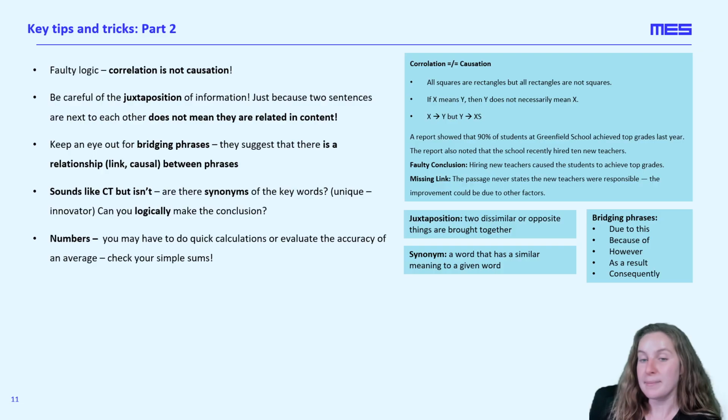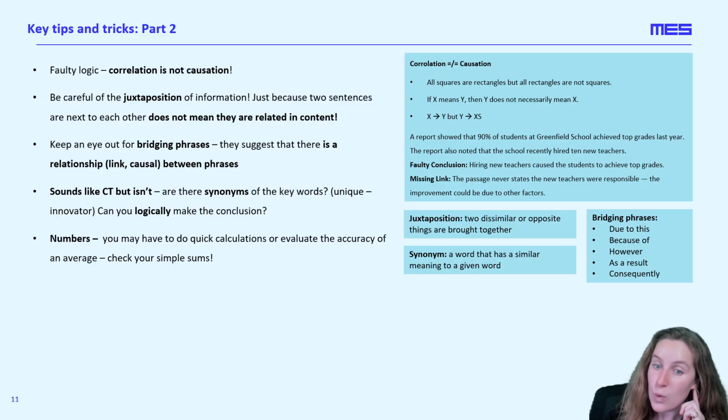Those are synonyms, but one may be only in the answer and one may only be in the passage. Similarly, even if it's not absolutely pointing word for word the passage to the question, can you logically make the conclusion that it's true based on the information you're presented, even if it's not in the exact same words, or vice versa? Can you prove that it is false?